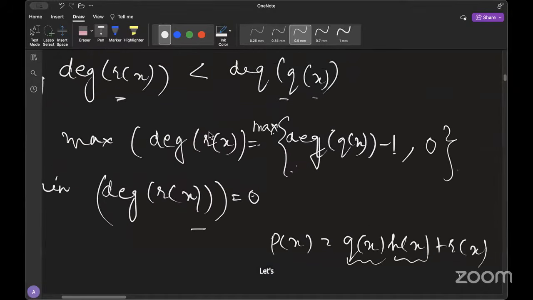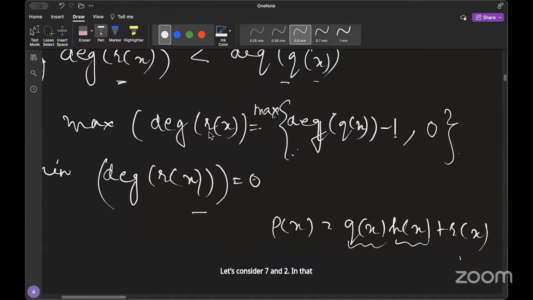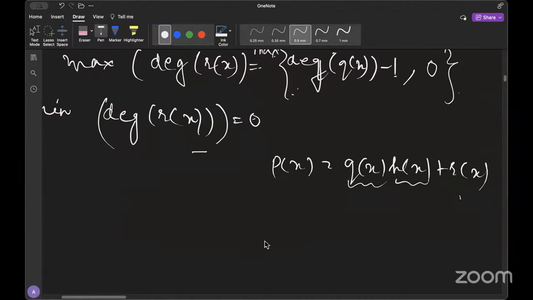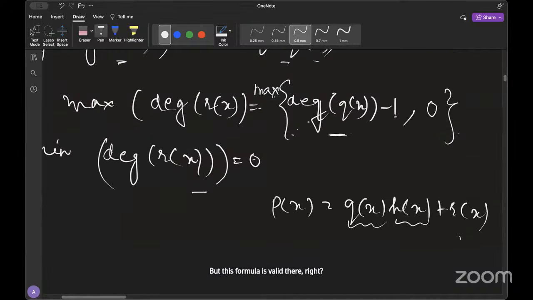Let's consider 7 and 2. In that case, we are getting remainder as 1. So all of them, I mean, the 7 is of degree 0 and 2 is of degree 0 and 1 is also of degree 0, but this formula is valid there, right? Ma'am, but the degree of remainder is becoming 1 here.